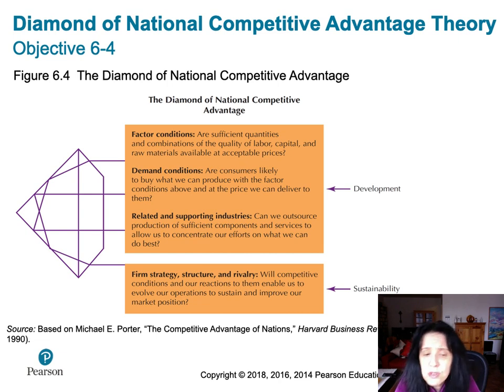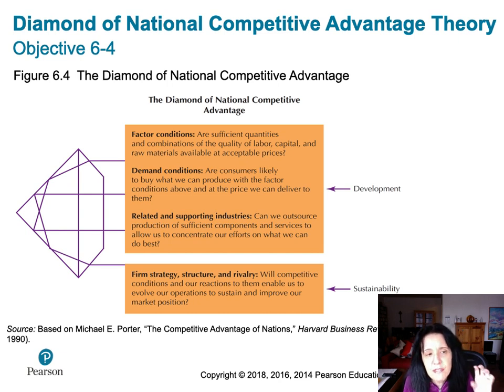So this theory was introduced by the Harvard management professor Michael Porter, who created this model of the national competitive advantage. So basically, according to this theory, the company's development and maintenance of internationally competitive products depends on the following favorable conditions.